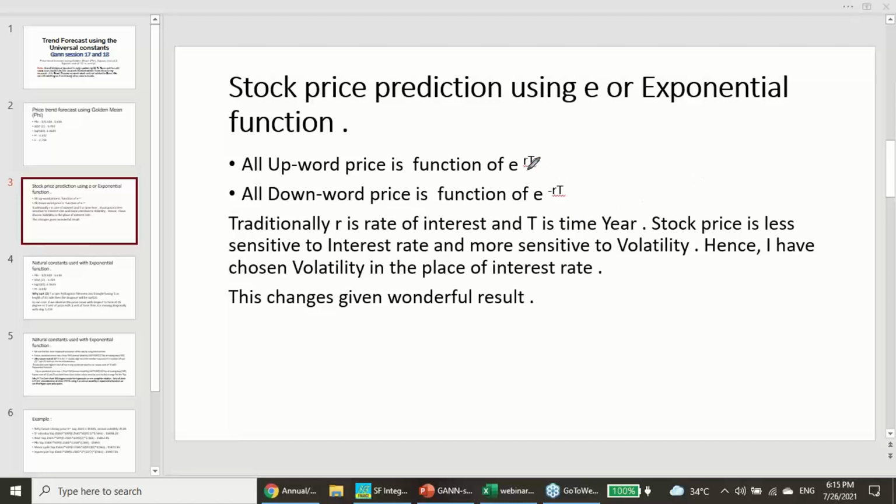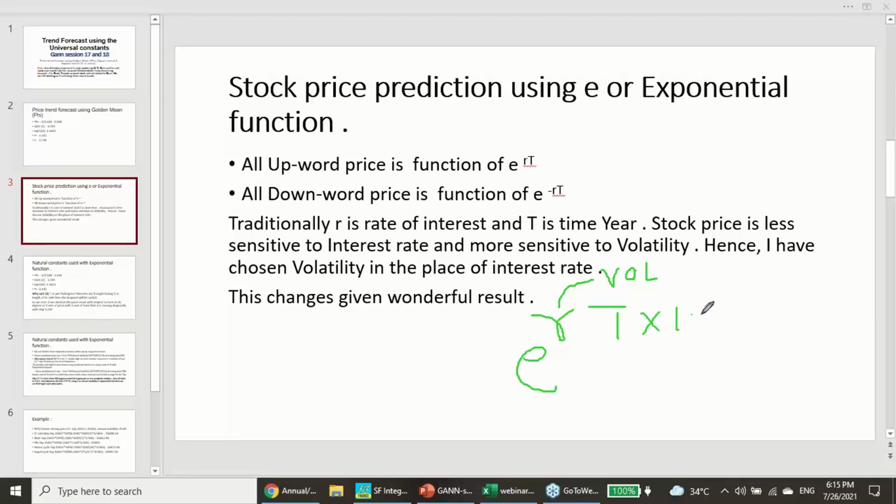So after replacing this e to the power r into t, as I said, I am going to exploit this particular formula. R I have changed with the annual volatility. Time I am not going to change here. And all these constants, whether it is phi, pi, or square root of 2, I am multiplying with this, because these constants have great meaning for my calculation, because Gann says you must use these things for something.